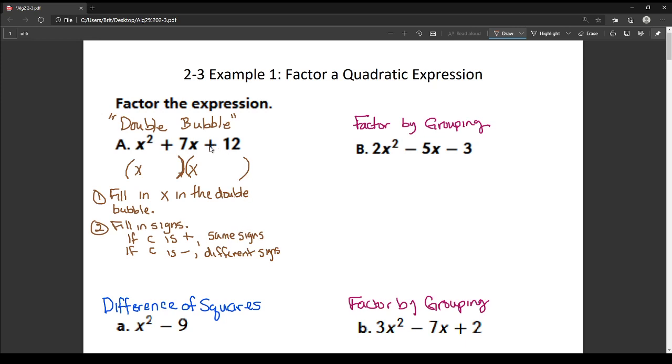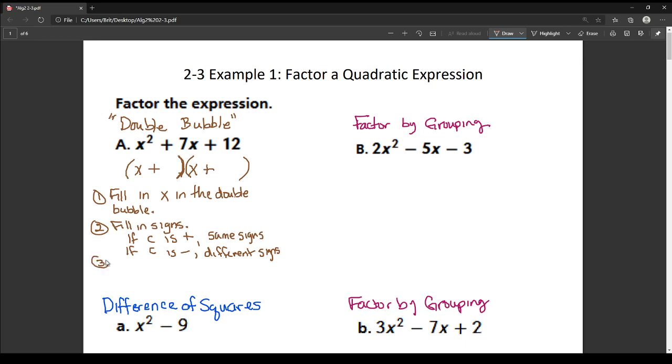If this was a minus, then you would have to have opposite signs, because that's how you produce a negative number. So in this case, because it's a positive, I need the same signs. And I'm going to look at the b value to tell me what sign it is. Because my b is a positive, I'm going to have a plus and a plus.